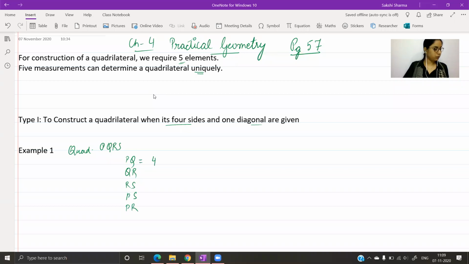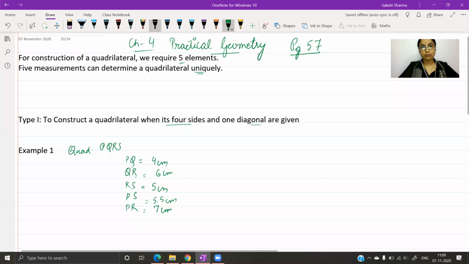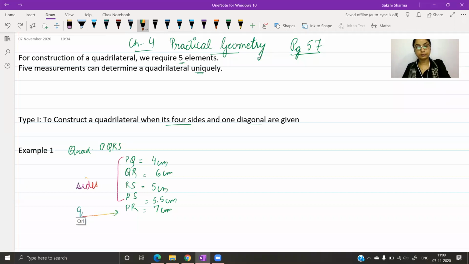So PQ is 4, QR is 6, RS is 5 centimeters, PS is 5.5 centimeters, and then PR is 7 centimeters. So if you observe, the first 4 values are the sides, and the last one here is the diagonal.